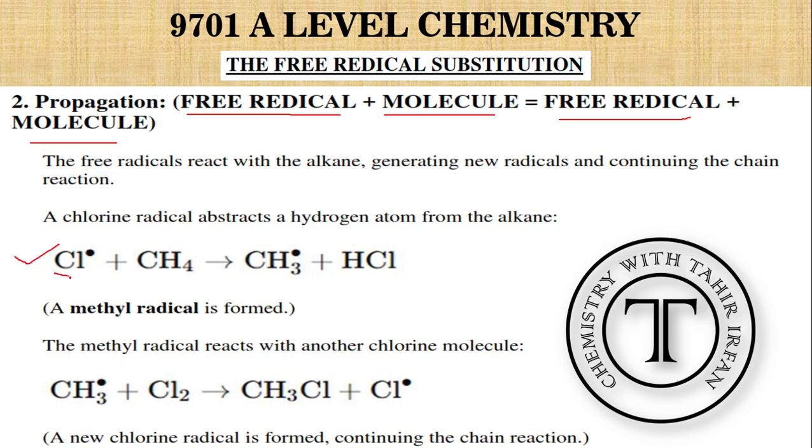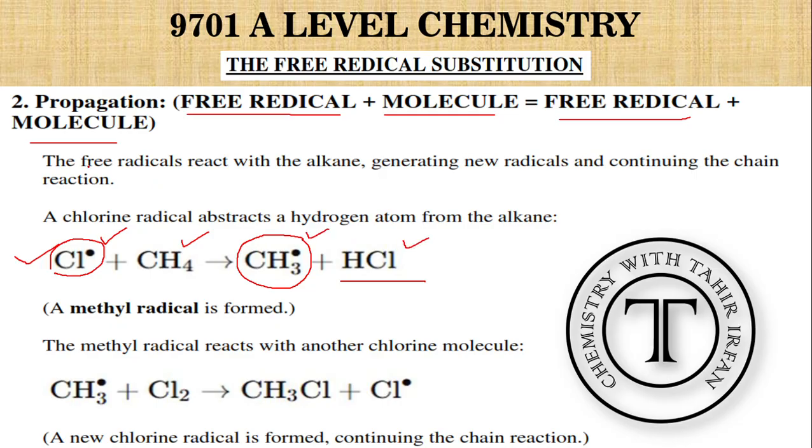One chlorine free radical reacts with CH4, methane, and makes HCl, which is a molecule, and again a CH3 free radical. So this is propagation, in which we have a free radical and a molecule, and it gives us again a free radical and a molecule.